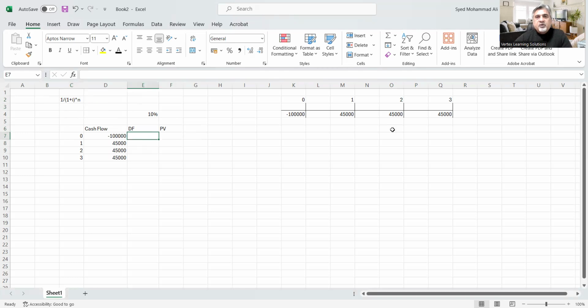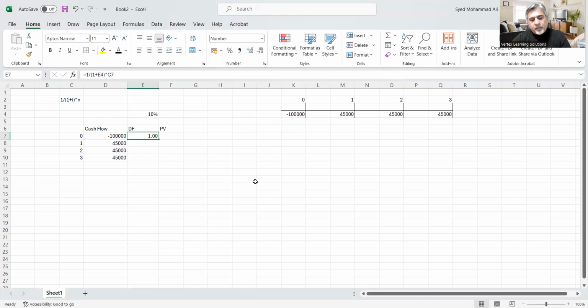So if I make the discount factor calculation, I'll put equals to 1 divided by 1 plus this discount rate, and then I say power this year here. Okay. And it gives me 1. We discussed before as well that the year 0 discount factor will always be 1. Even if you increase the number of zeros, you will see that it is 1.